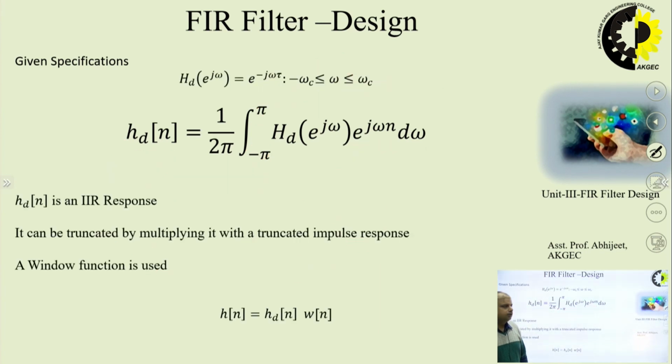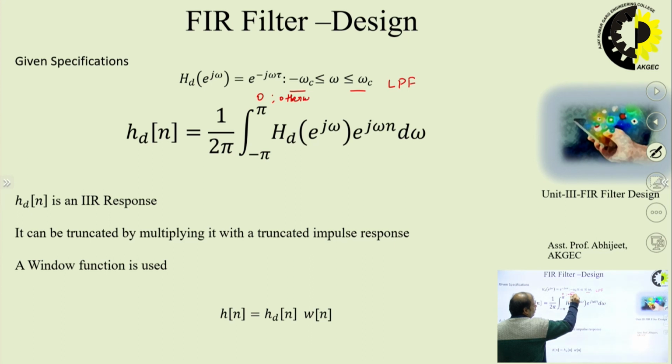So, this is generally the problem that is given to us for a case of low pass, I am just discussing here. A high pass also can be done similarly. So, if it is a low pass system, we generally are given a frequency response like this, that between minus omega c to plus omega c, some cutoff frequency, the frequency response is e raised to the power minus j omega tau, and it is 0 otherwise.